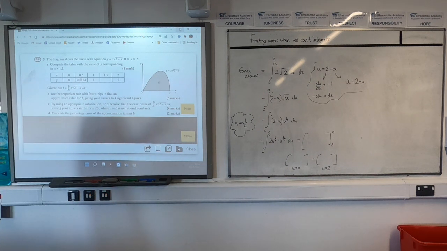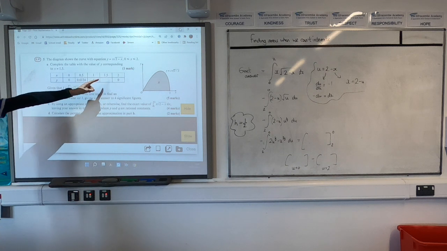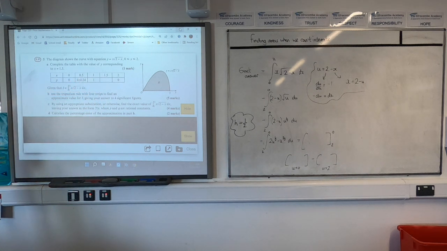H is a half in this case, and you've only actually got one value missing, so I wouldn't use the table function. I just type in 1.5 arrow x and type the function in.